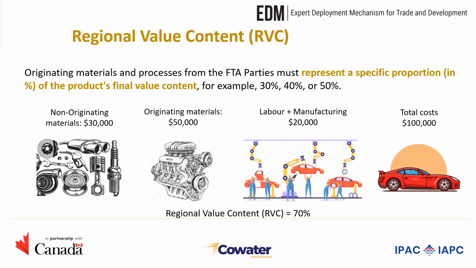However, if the non-originating material accounts for, say, $35,000 or $40,000, this will reduce the regional value content to only 65 or 60%, and therefore the car will not meet the rule of origin.